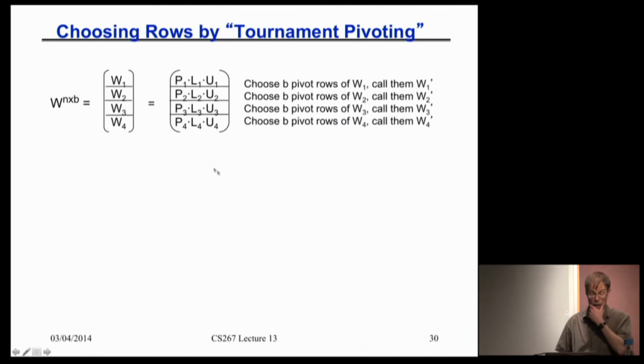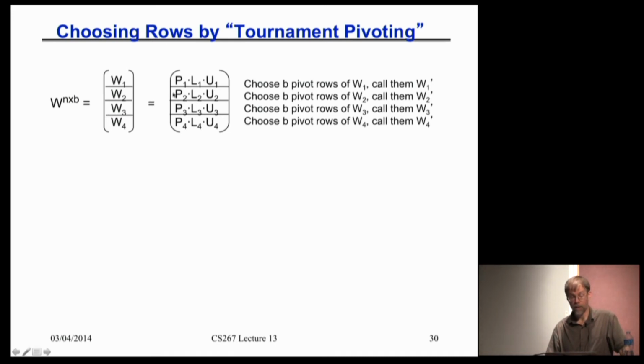So here's a cartoon. To make it easy, suppose I have 4 processors, and each processor owns 1/4 of the rows of the matrix. So processor 1 owns W1, that's n over 4 rows, and so forth. What I want to do is one reduction, with b columns, to pick the b most linearly independent rows from all of these. The first step in the algorithm is that with no communication at all, each processor independently runs Gaussian elimination with partial pivoting, the classical algorithm.